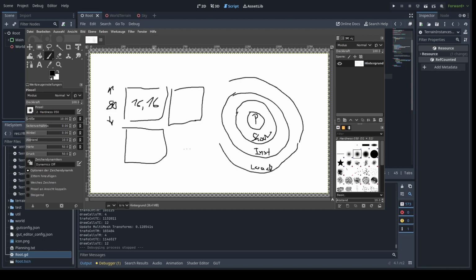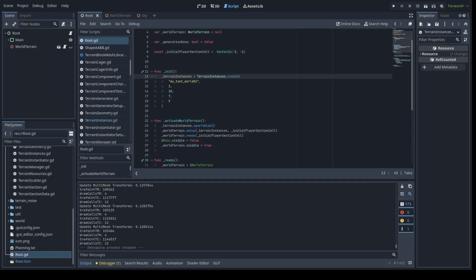And in the smallest radius here around the player, these Godot nodes are shown. Okay, I close it again.